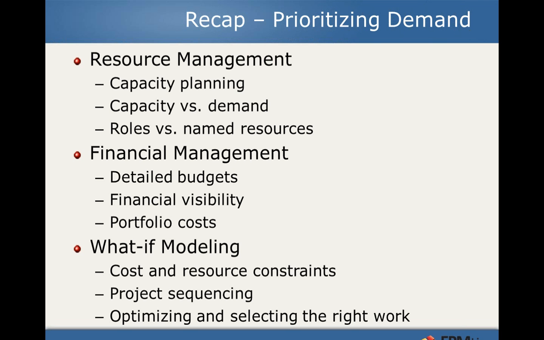We got into the cost and financial management stuff and how we'd actually build budgets and plan for what the budget ask is going to be for those projects, and be able to get financial visibility into that demand portfolio. And then we talked about ways that you can do what-if modeling to evaluate trade-offs and optimize and select the right work. So if you're interested in seeing the details on this, you can go to our webinars area under events at epmlive.com and view the entire session.